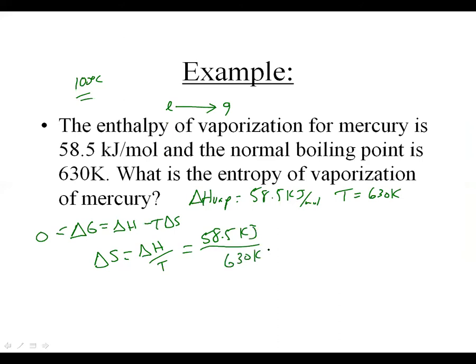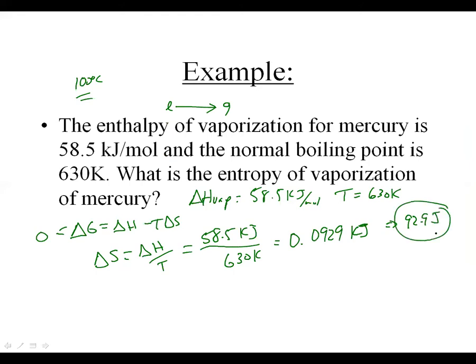So that's good. And if we do that, we will end up with 0.0929. This would be kilojoules. And again, if I multiply that by 1,000, 92.9 joules for our delta S.